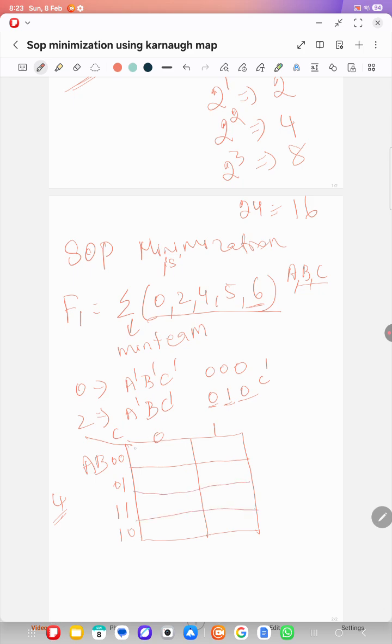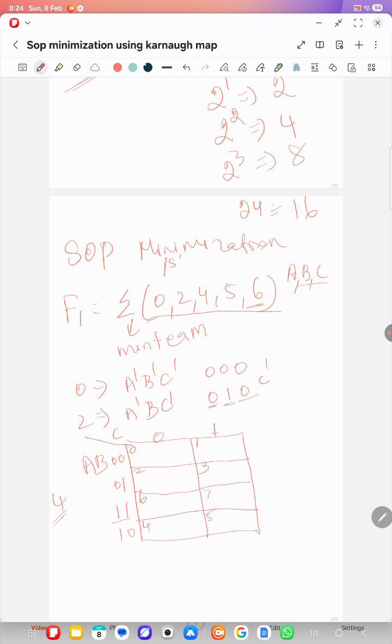This cell is 0, this cell is 1, this is 2 and this is 3. This is actually 4: 100 is nothing but 4, 101 is 5, 110 is 6, and 111 is 7.